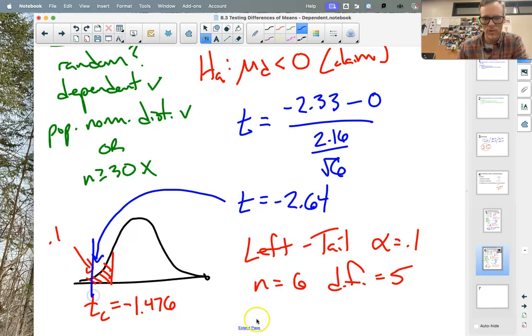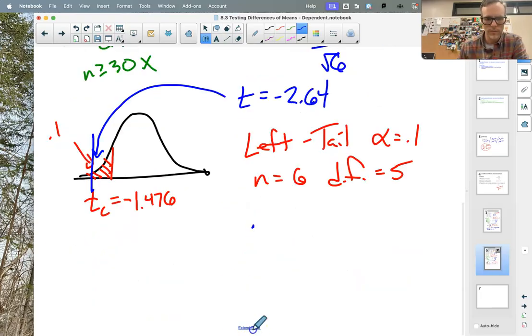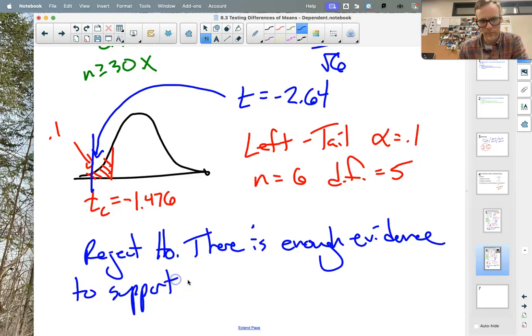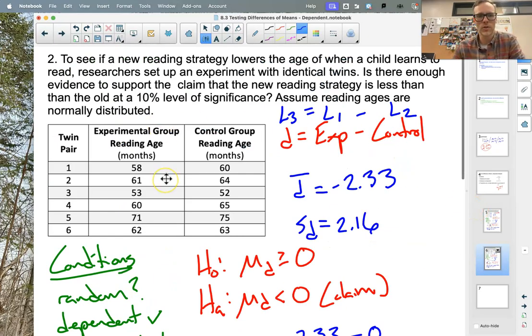Is it in the rejection region? Yes, it is. So reject the null hypothesis. The claim was the alternative. There is enough evidence to support the claim that this new reading strategy does lower the reading age of these children.